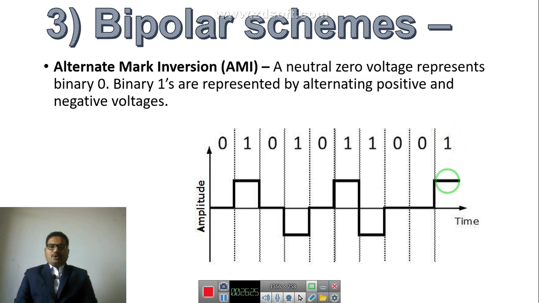So hope you understood alternate mark inversion. In the name itself, inversion, we have to do the inversion. Alternate in the sense that binary 1 is represented by alternating positive and negative voltage.